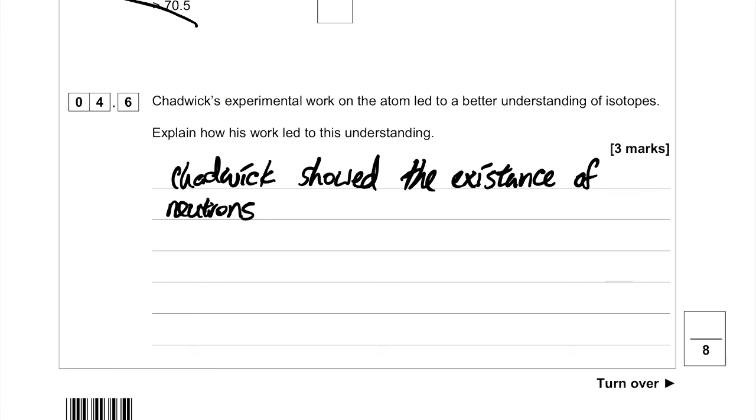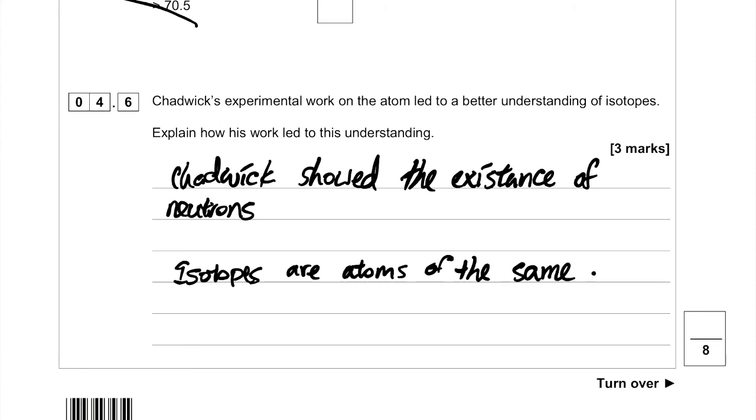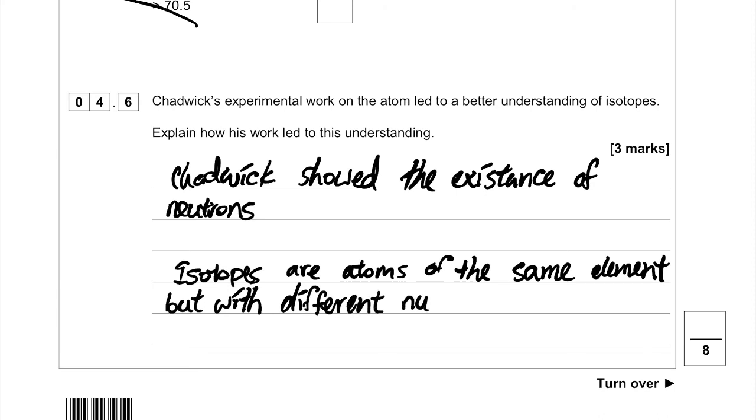So isotopes are atoms of the same element, because their proton numbers are equal, but with a different number of neutrons.